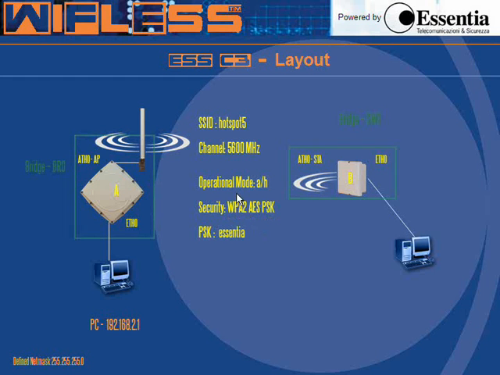The layer 2 configuration is the following. We create a bridge on side A device. This bridge or switch interface is made by ATH0, so the radio logical interface, and ETH0, so the Ethernet logical interface. On side B, we create a bridge switch that is made by ATH0 and the Ethernet logical interface.